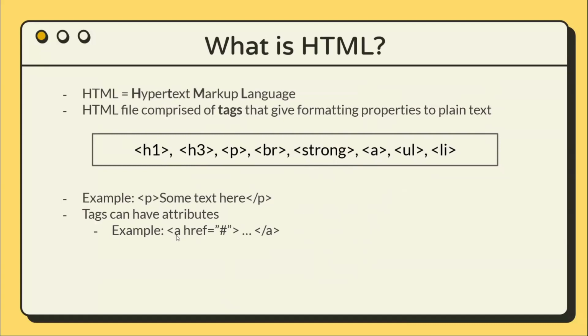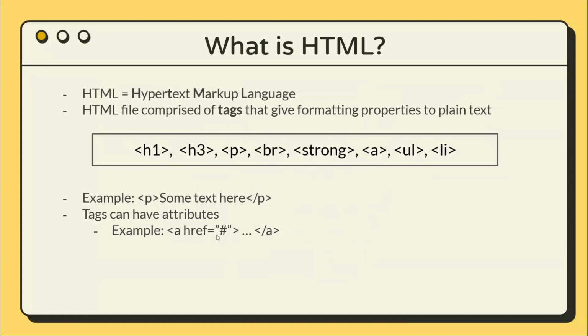In this case, the A tag is the link, and the href is equal to, in this case, just the pound sign or the hashtag.